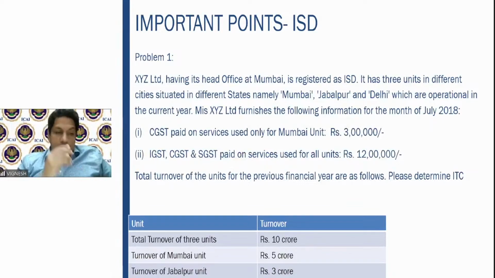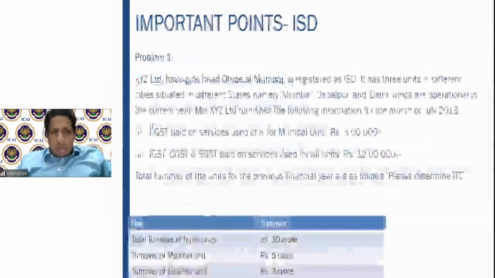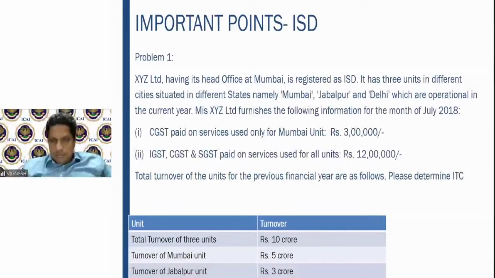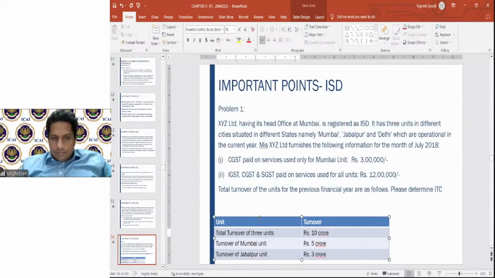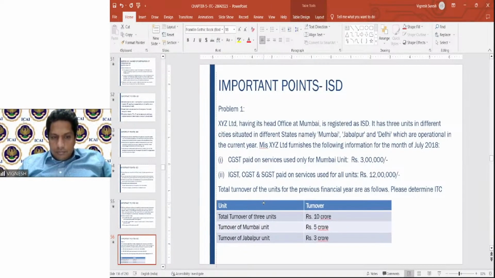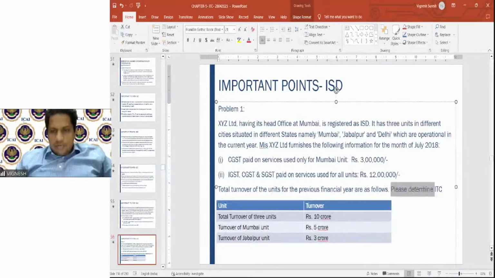Total of 3 units 10 crores, Mumbai 5 crores, Jabalpur 3 crores. Determine the credit to be distributed. That is the question.